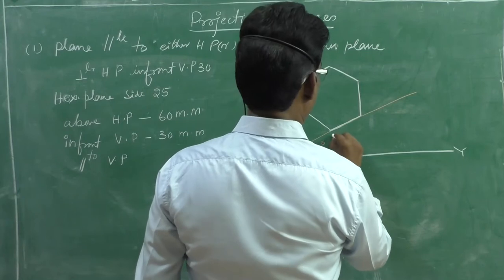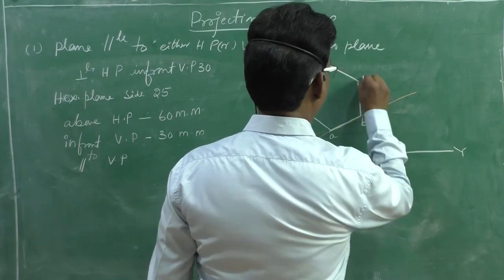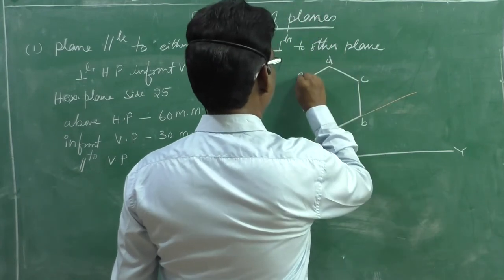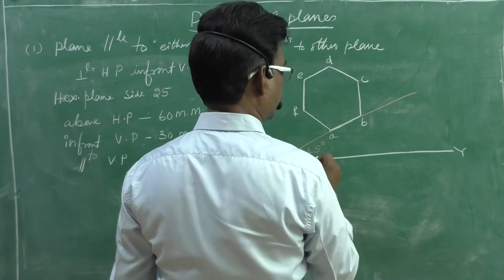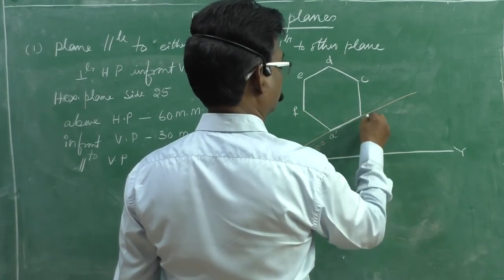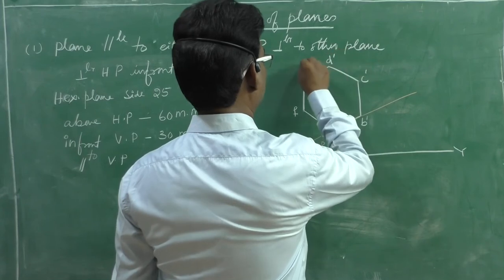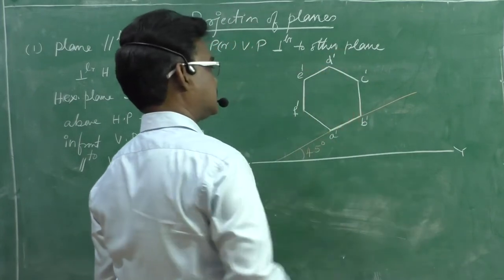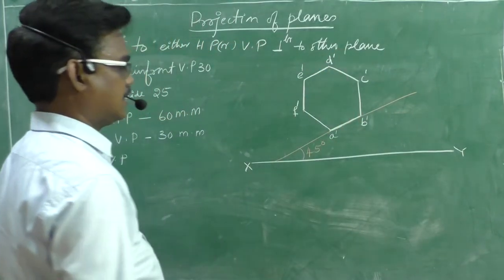Let it be A, B, C, D, E and F. And this is the front view. Therefore, we need to use A dash, B dash, C dash, D dash, E dash, F dash.